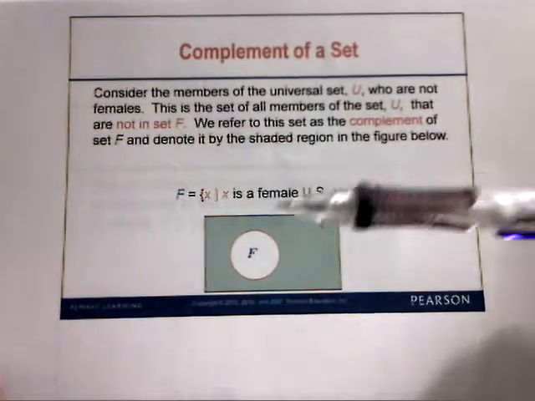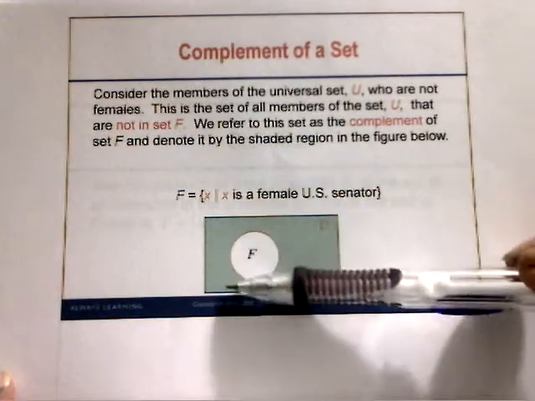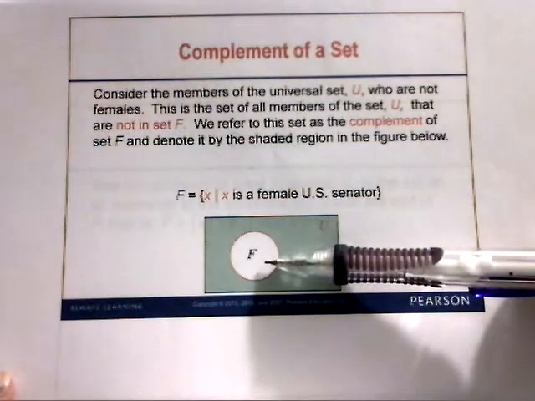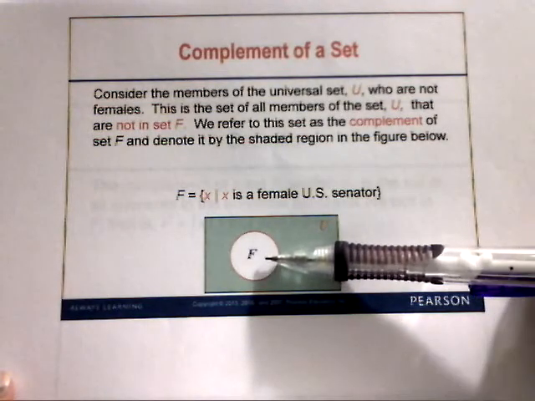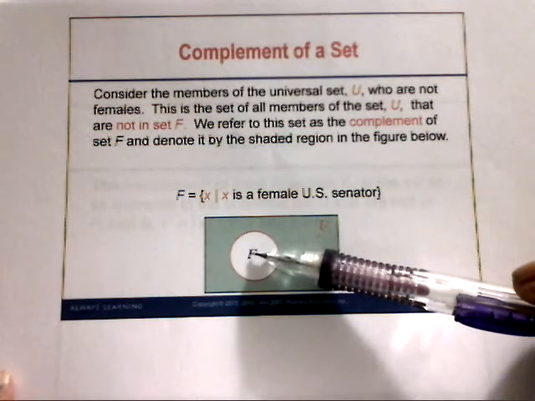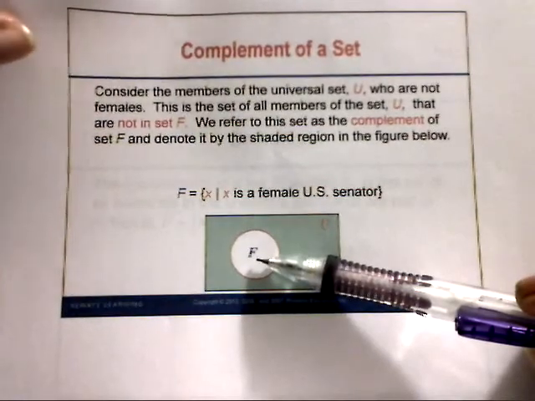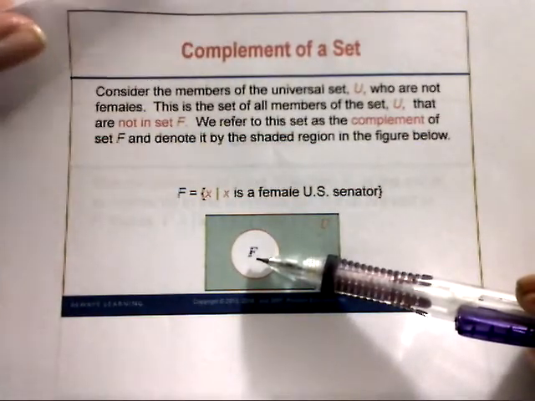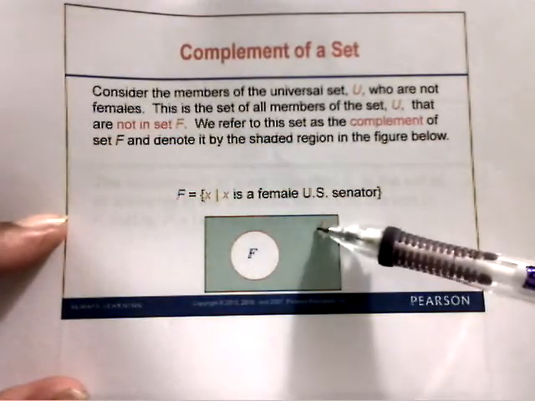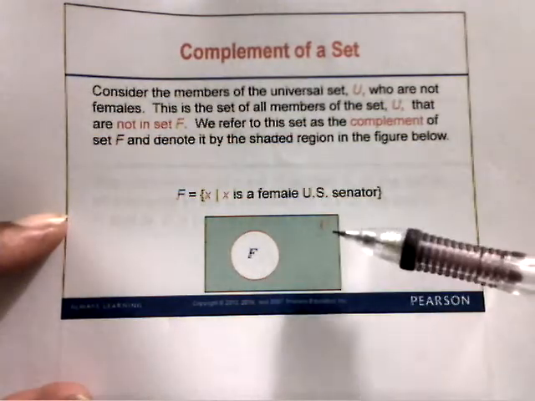So here, this green shaded region that you see represents all the elements that are not in set F. That's the complement of set F. Sometimes if you take a statistics class, you'll be hearing that terminology of the complement, because you're dealing with all the elements that are not in set F. And that's the shaded area.